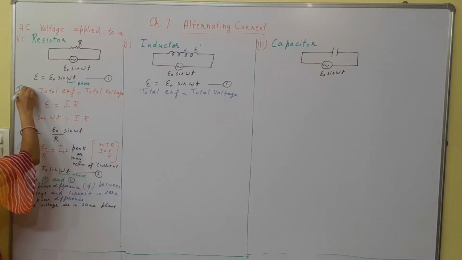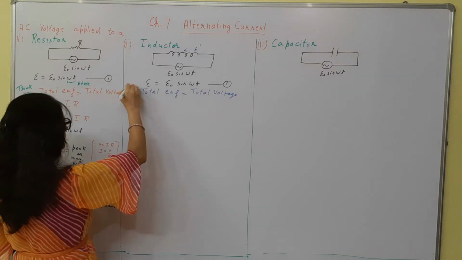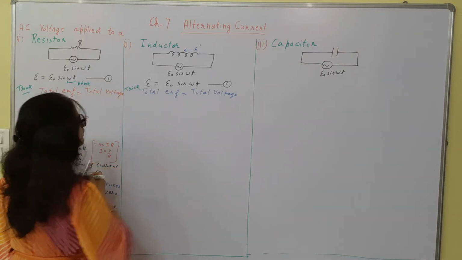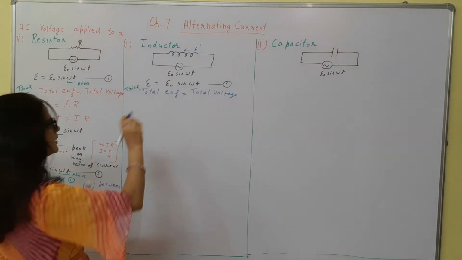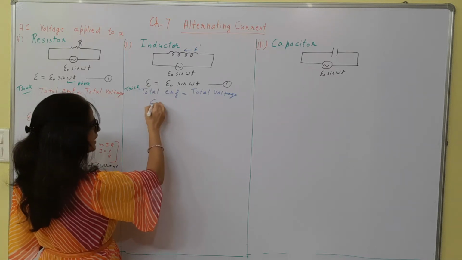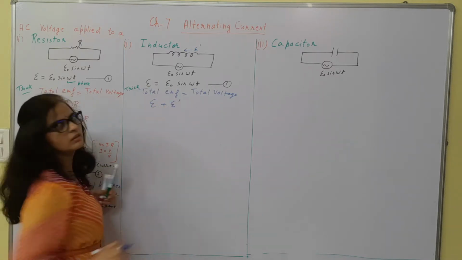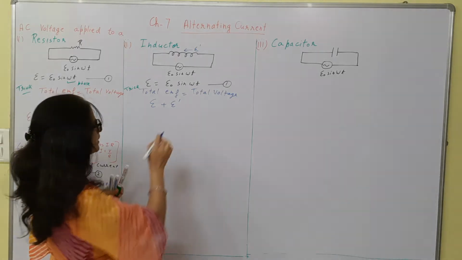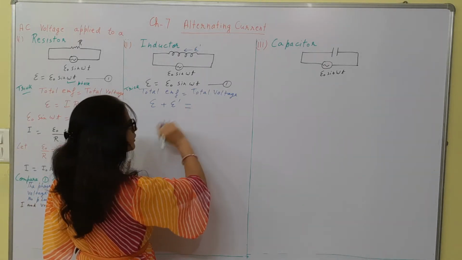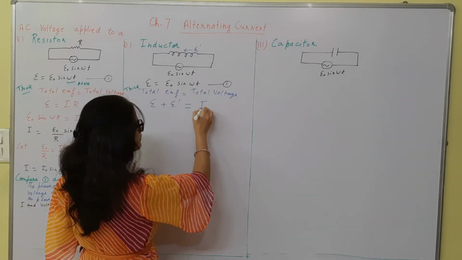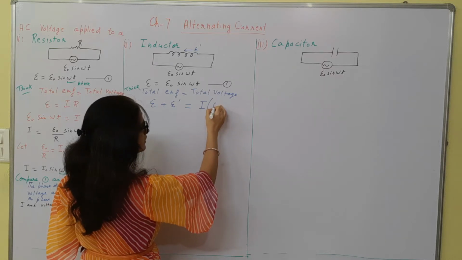So this is just to remember this. Now total EMF means the supply EMF plus the induced EMF which is developed here, and this is equal to total voltage. Total voltage means current into resistance.